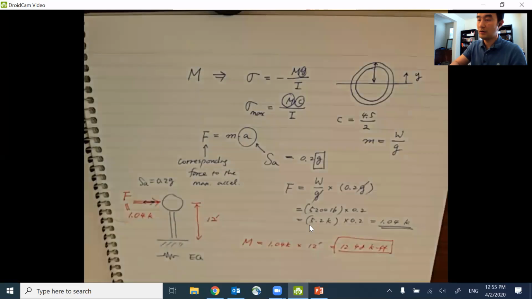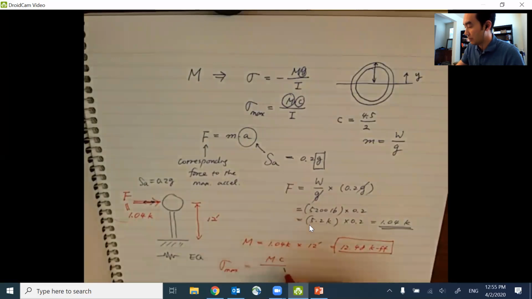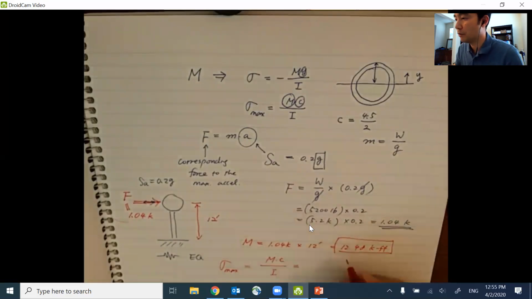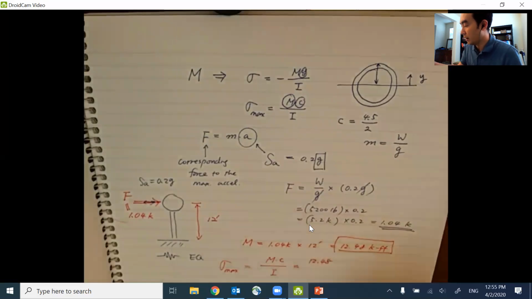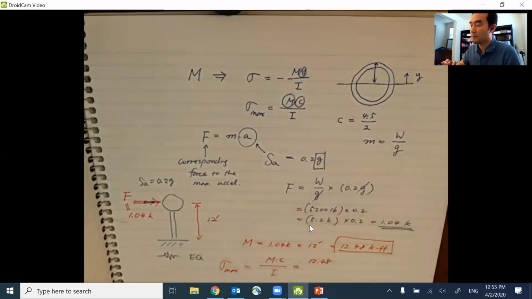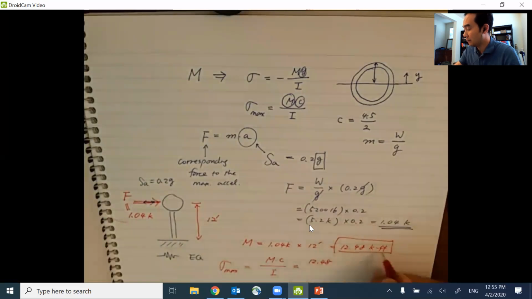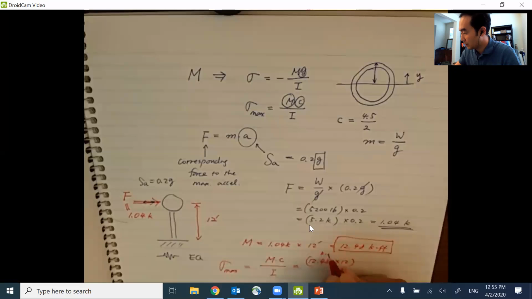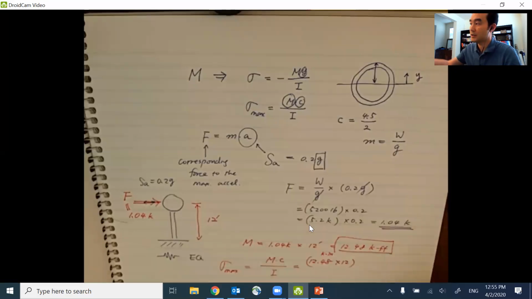So finally, we can find out sigma max as moment times c, the maximum value of y, divided by the moment of inertia. So 12.48. Now I'm going to convert everything into kips and inches. So 12.48 is kip feet. So I'm going to multiply by 12 to change it into kip inches, which makes sense, right?